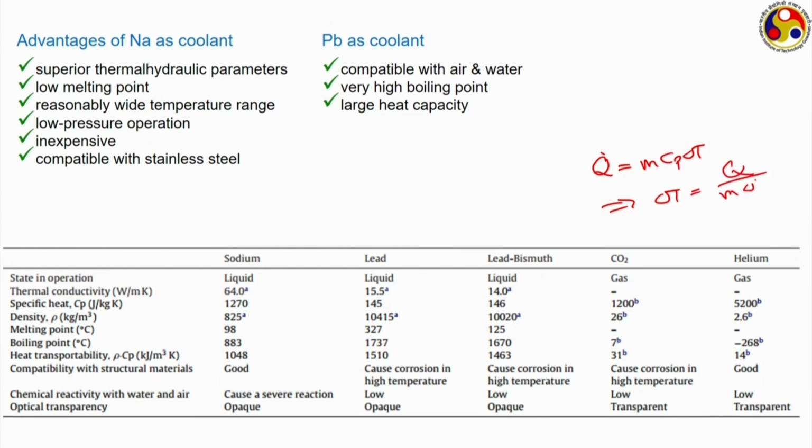delta T is equal to Q by m into Cp, and if we break down the m, then it becomes rho into cross section area into the velocity of the liquid coolant, and therefore, the higher the rho Cp value, the smaller will be the temperature difference of the coolant.